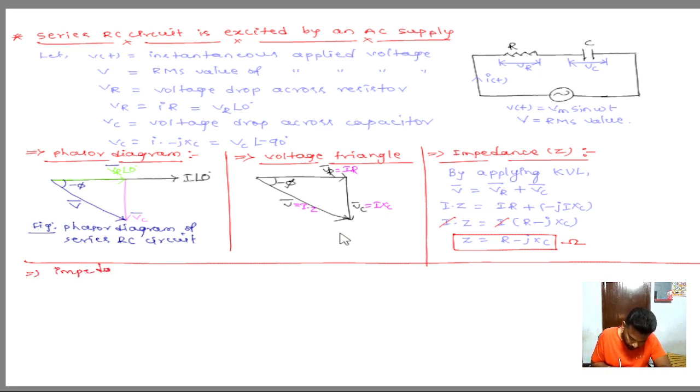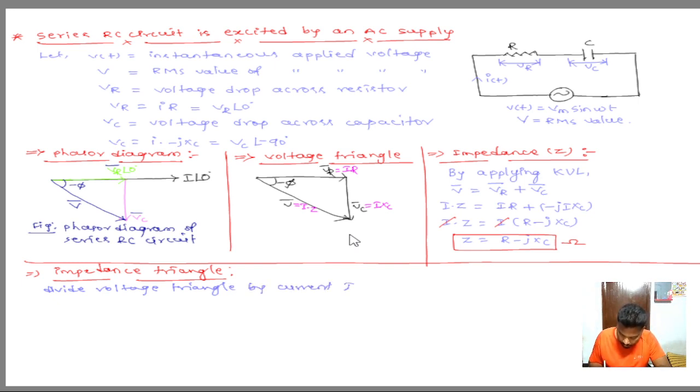Divide the voltage triangle by current I. When we divide the voltage triangle by current, I gets cancelled. Here Z is there, and here XC, here R. That is the impedance triangle.